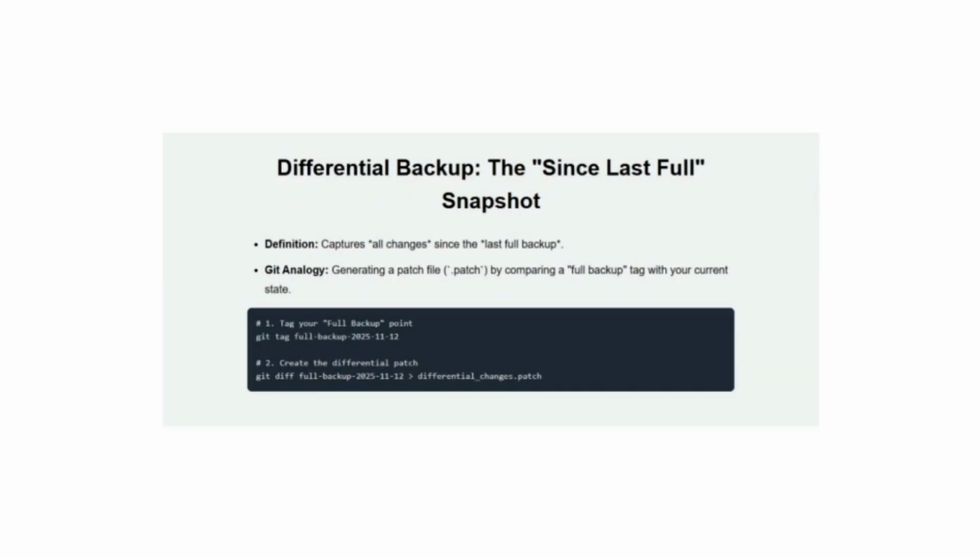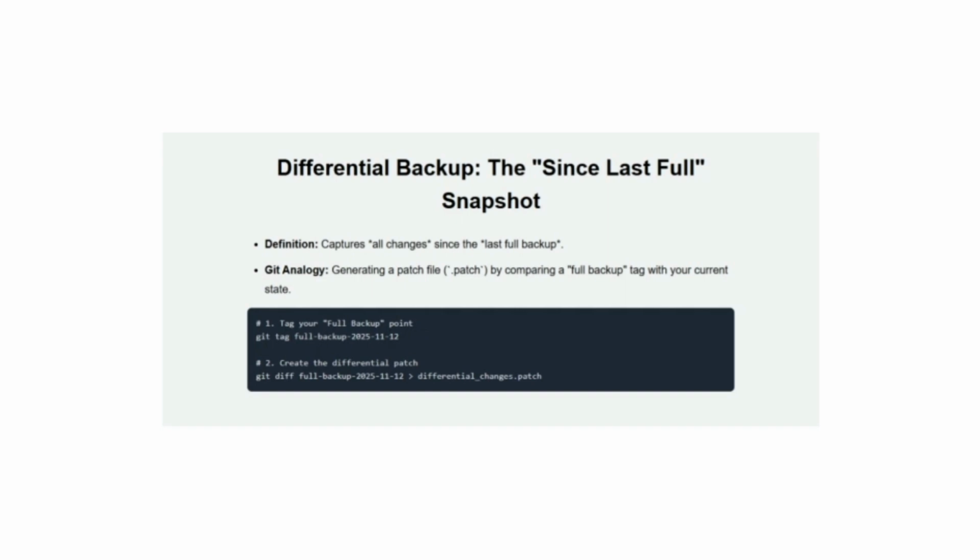Okay, next is the differential backup. This backup is like a middle ground. It doesn't save everything, but it doesn't just save the last tiny change either. After you do a full backup, a differential backup saves all the changes that have piled up since that original full one.